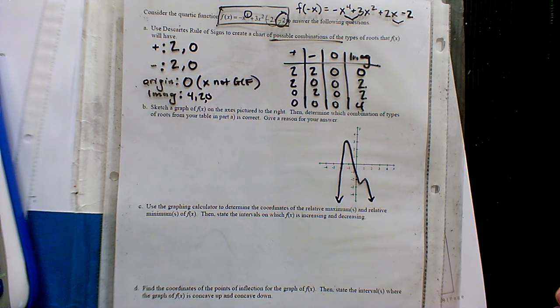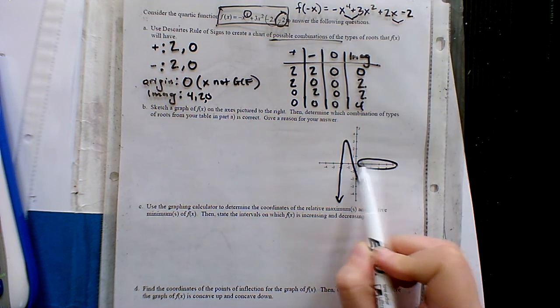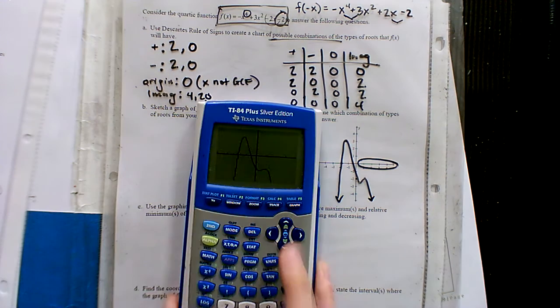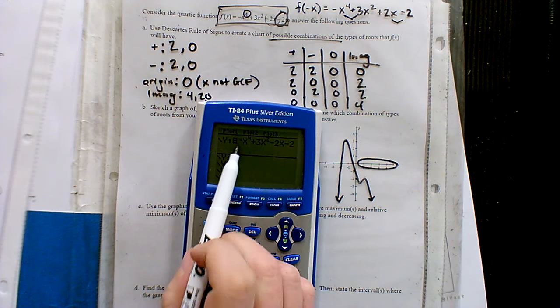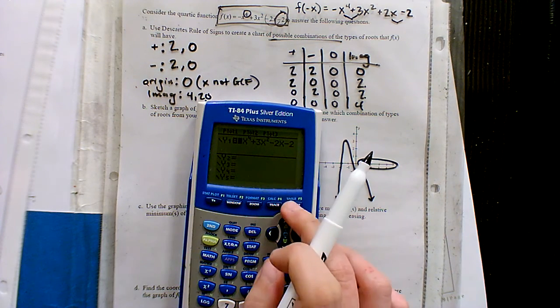Same again, 2 positive, 0 negative, 0, 0, and then 2 imaginary. Did you remember the negative out front? Yeah. Okay, maybe check it again.